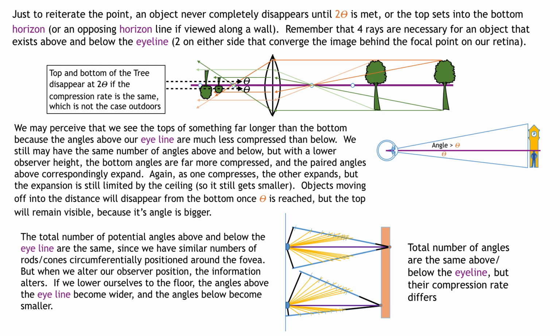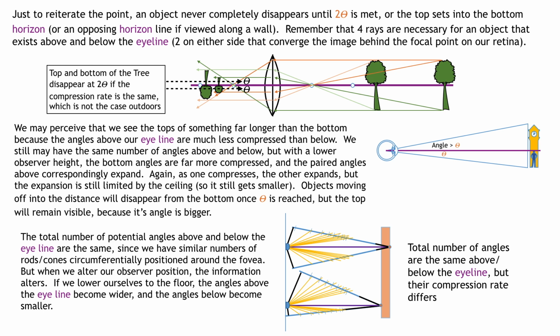So we may perceive that we see the tops of something far longer than the bottom, again, because the angles above our eyeline are much less compressed than below. We still have the same number of angles above and below, but with the lower observer height, the bottom angles are far more compressed and the paired angles above expand.